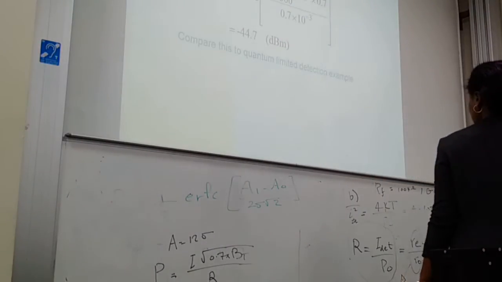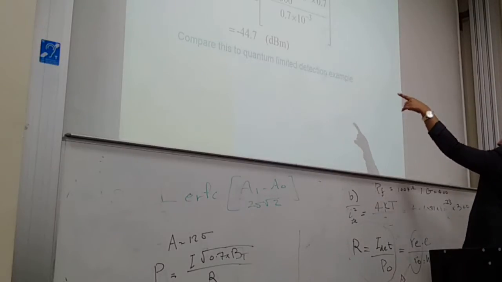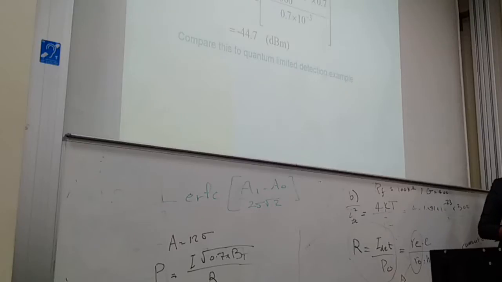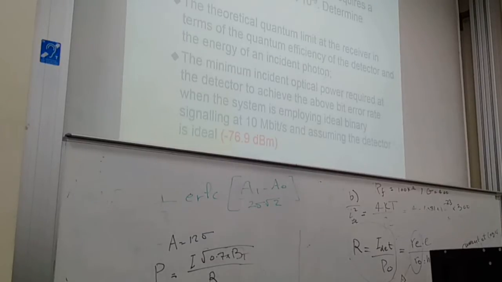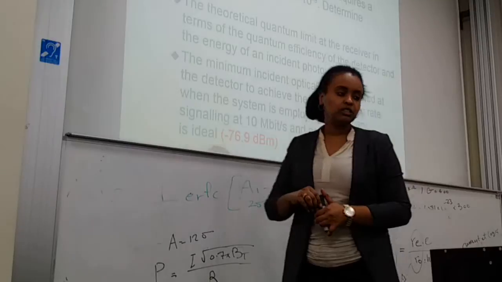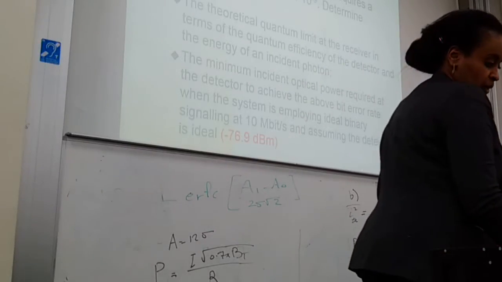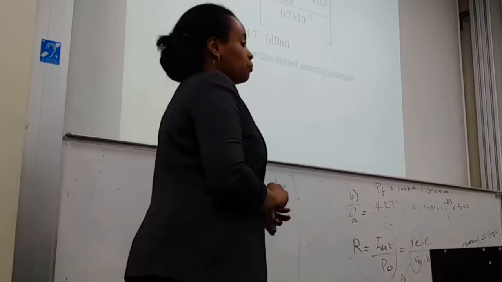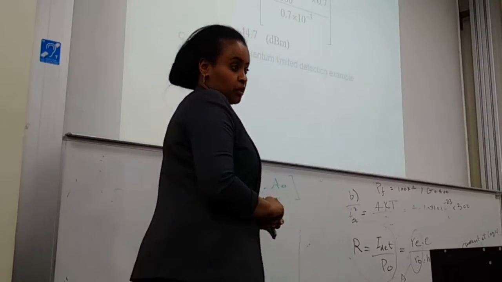That's why there is an increase in the average power. There, to achieve that bit error rate, the minimum level of power was minus 76.9 dBm. Here it has raised to minus 44.7 dBm.